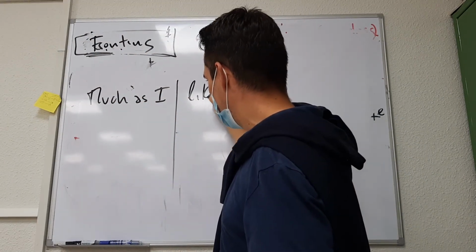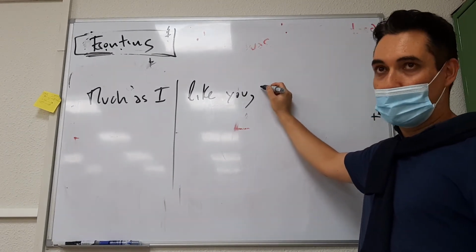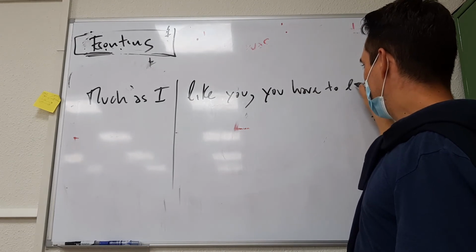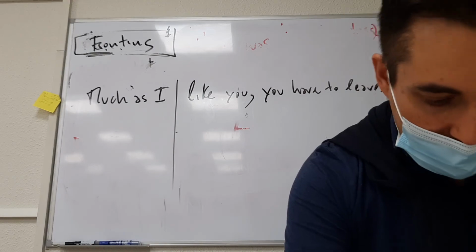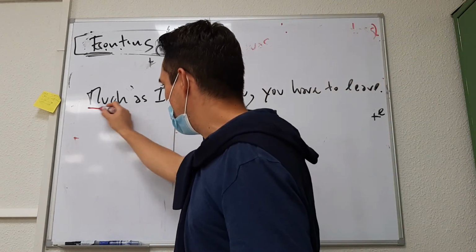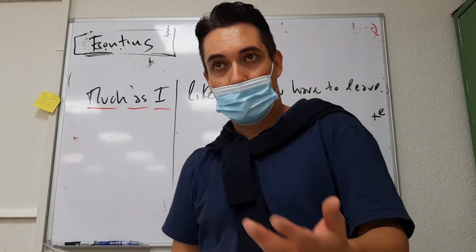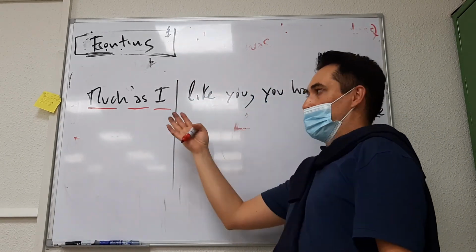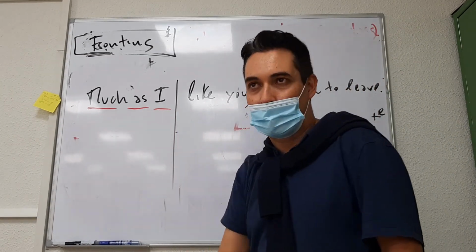Much as I like you, you have to leave. So this is the equivalent. This structure, much as I, is the equivalent for even though I. Even though I like you, you have to leave. Much as I like you. As you can notice, it sounds much more formal, much more elegant.